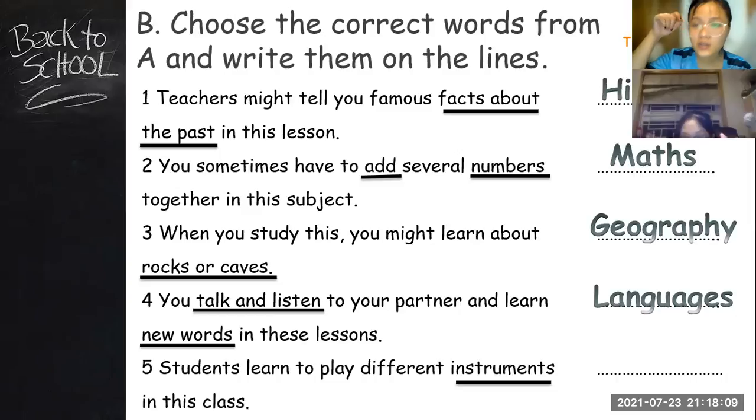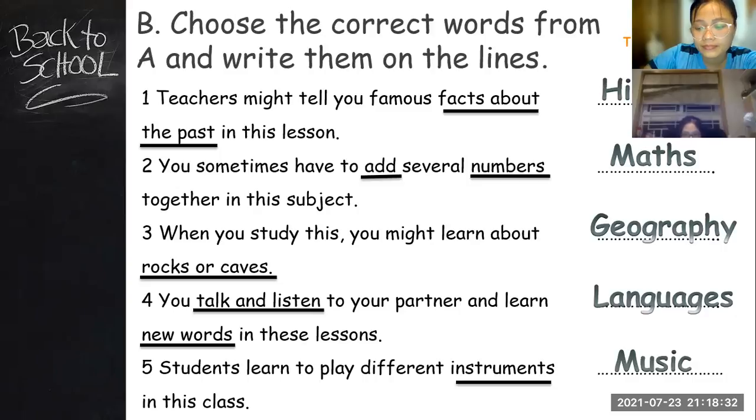Instrument like the piano, the guitar, the flute, and so on. Đó gọi chung là các loại nhạc cụ. Okay. Is music. That's right, it's music. Okay, great job.